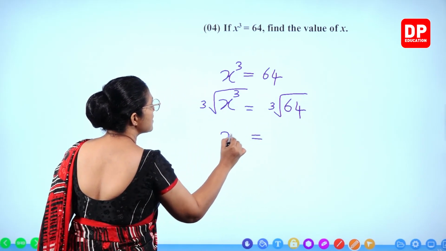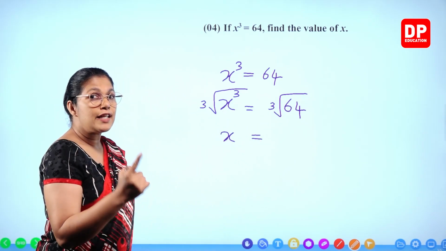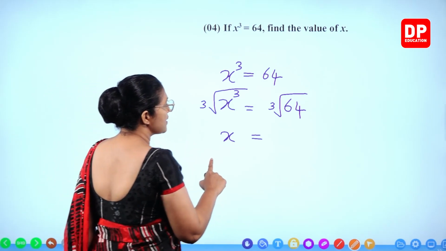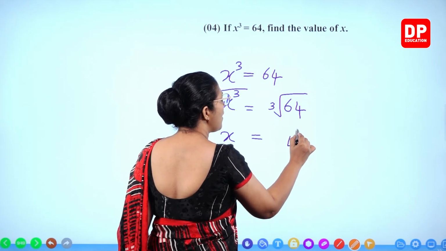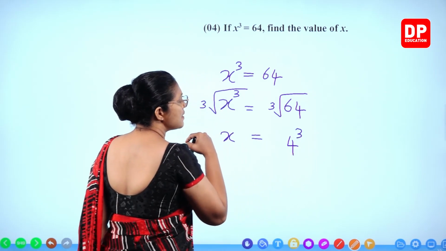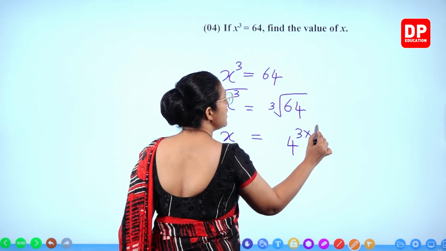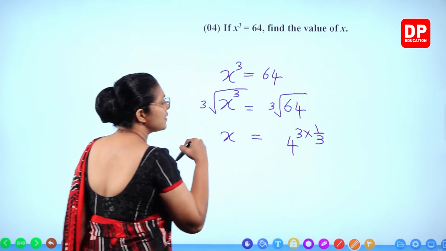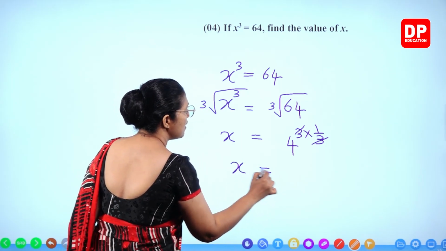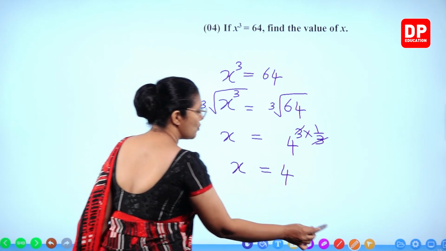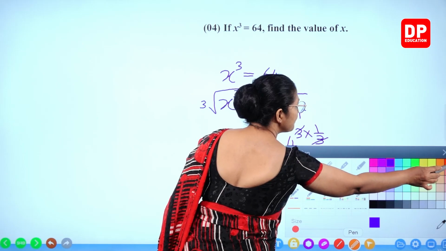This becomes x because the power 3 and the cube root cancel out. So what is 64? You can write 4 to the power 3 is 64, and the power is 1/3. Cube root means power 1/3. So what is the x value? The x value becomes 4. So you get 2 marks for that.